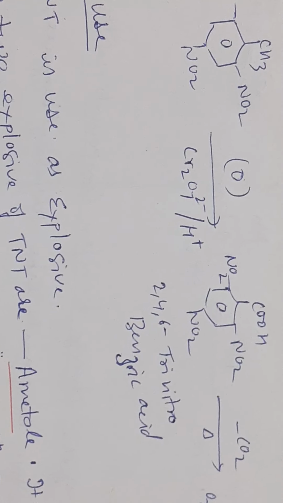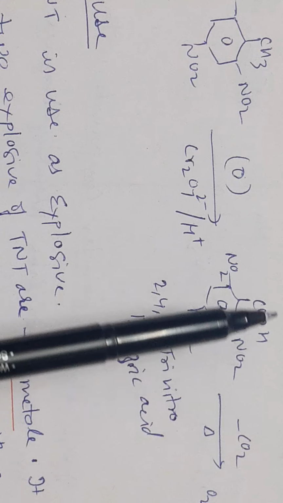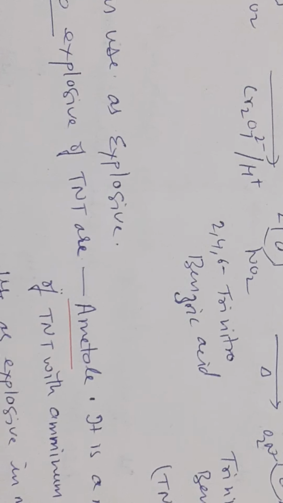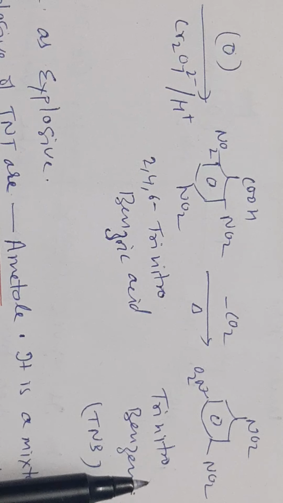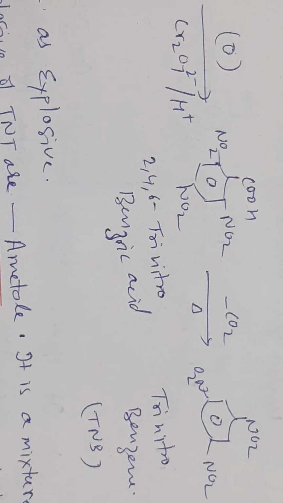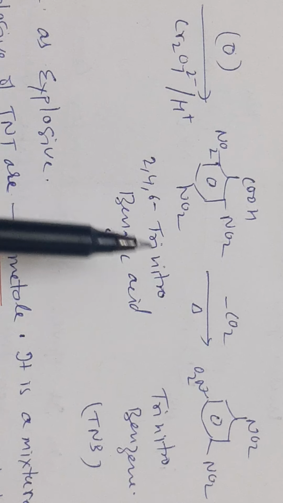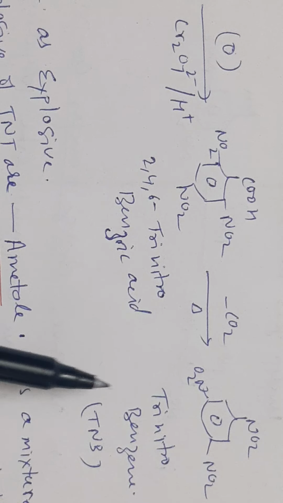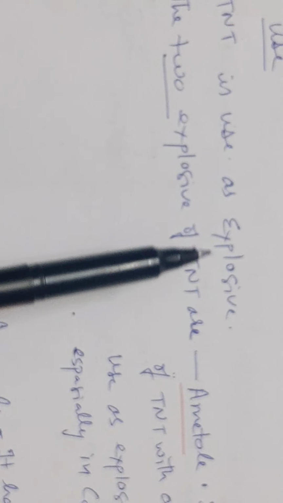When this 2,4,6-trinitrobenzoic acid is heated, CO2 is evolved and we get trinitrobenzene, TNB. So from TNT, the oxidation of TNT gives 2,4,6-trinitrobenzoic acid, which on heating gives trinitrobenzene. The TNT is used as an explosive.